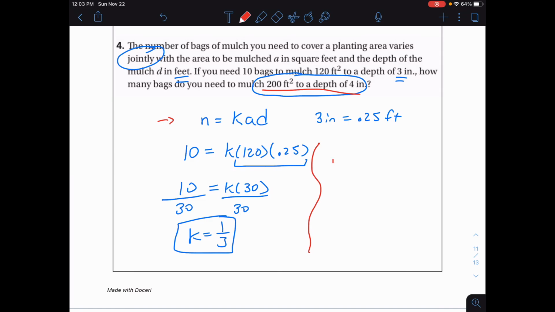So to solve the second half, we're now looking for the number of bags needed if we know that in this case k is 1/3. And now they want us to deal with 200 square feet and a depth of 4 inches. Well, 4 inches is 1/3 of a foot, so we'll do 1/3 here as well.